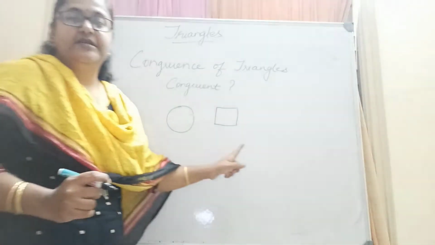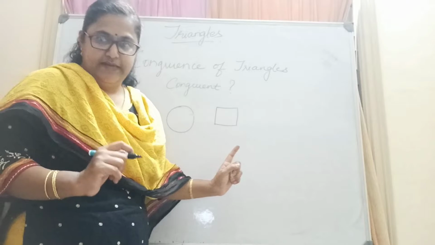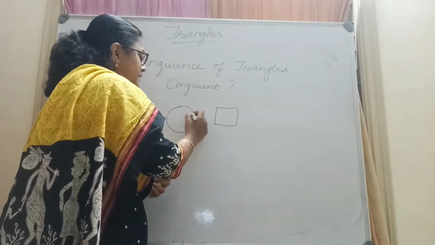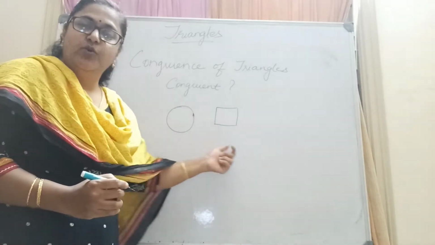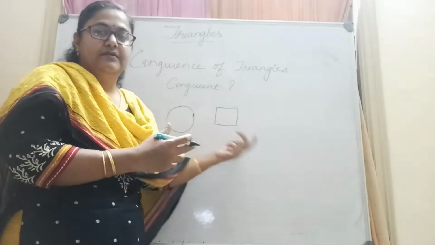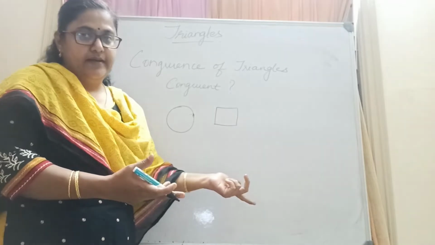These two geometrical shapes are different. You all know that, right? This is a circle and this is a square. Their shapes are totally different. The shapes are different, then there is no point in talking about the size.